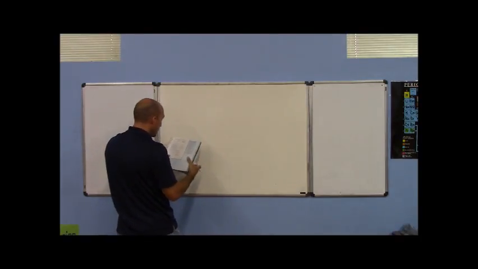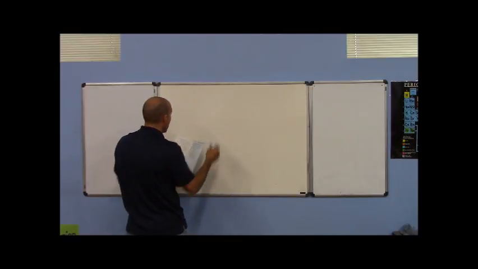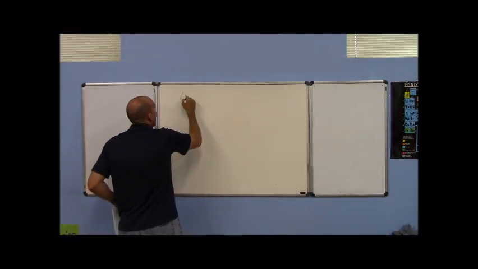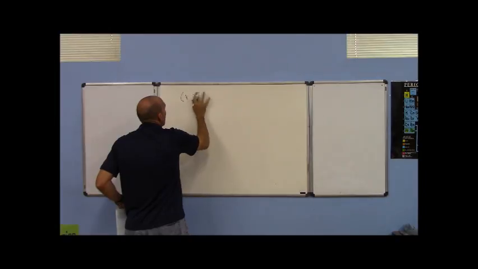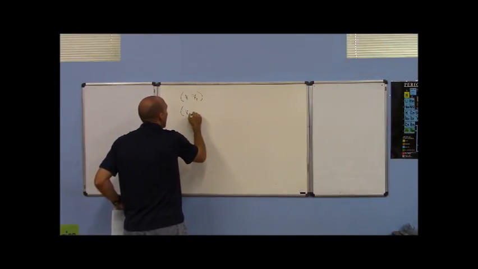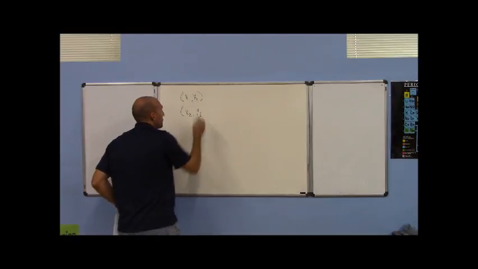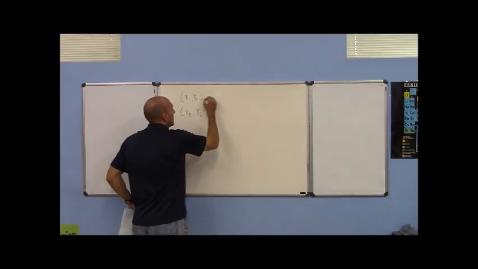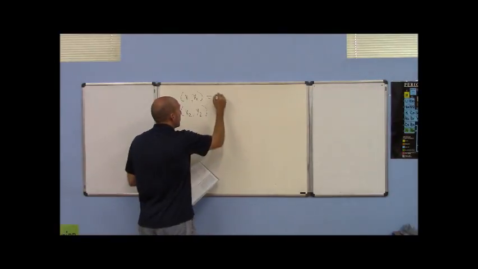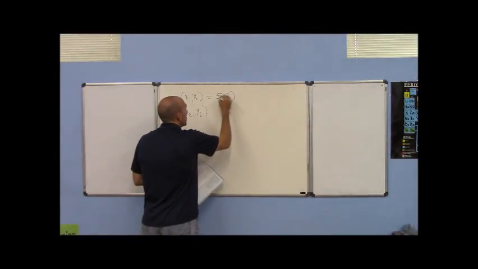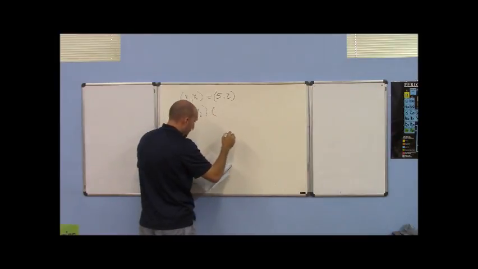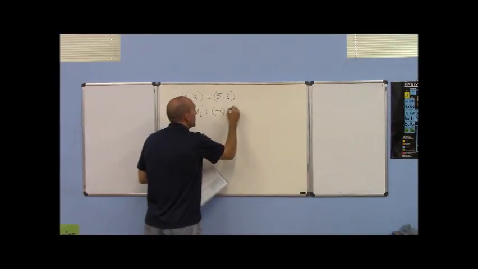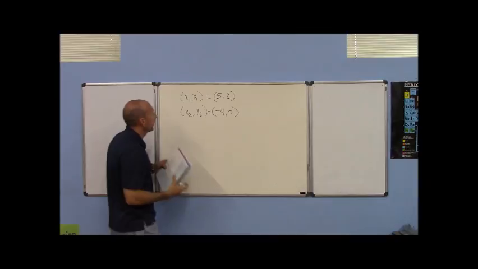Now, what we're going to do is we have x1 and y1, x2 and y2. Label these for the time being till you get used to seeing this, because we have 5 and 2 and -4 and 0. These are the points that we're looking for.